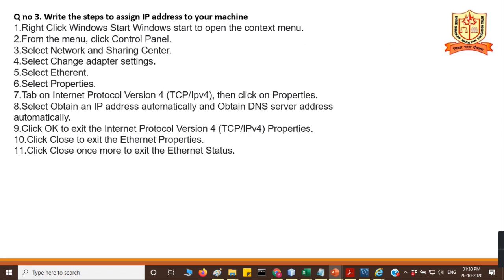And write the steps to assign the IP address of your machine. Right click on Windows Start, open the menu and the control panel here.